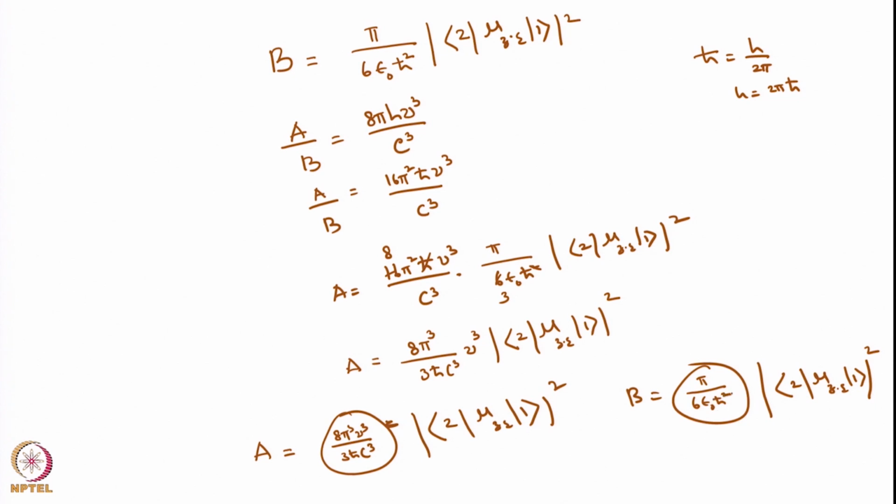Now you can really see that the Einstein's coefficients A and B are proportional to the square of the transition dipole. So, both A, B are proportional to (2 mu z 1) square of this.